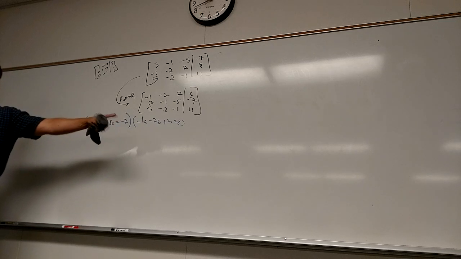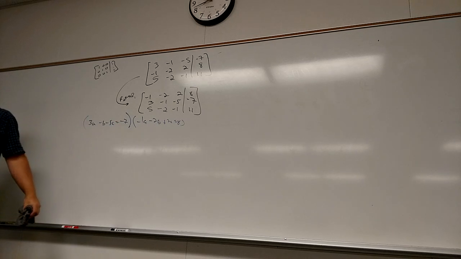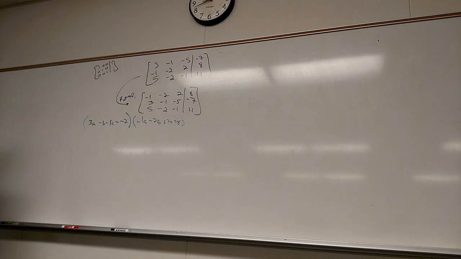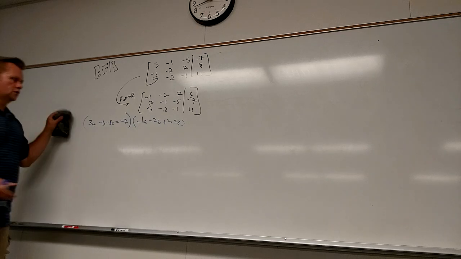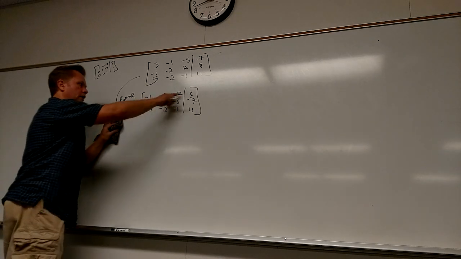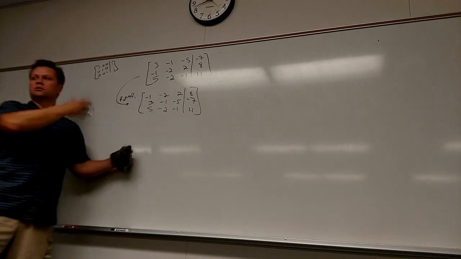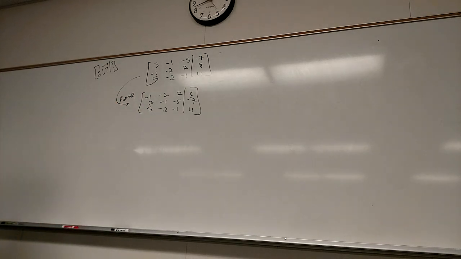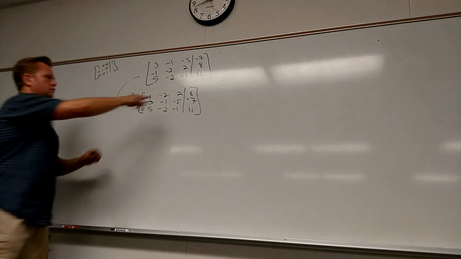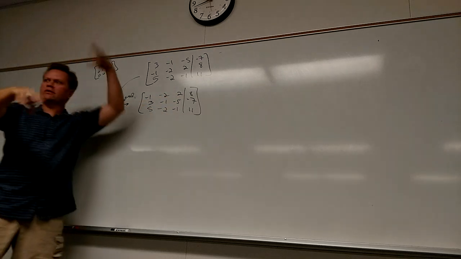You can only do the things to rows and between rows that you can do to equations. You can add them, you can subtract them from each other. You can multiply one by a number, but you can't multiply a row by a row. It doesn't make any sense. So don't get a zero somewhere and go, oh, I just multiply the other, I get zeros everywhere. No.